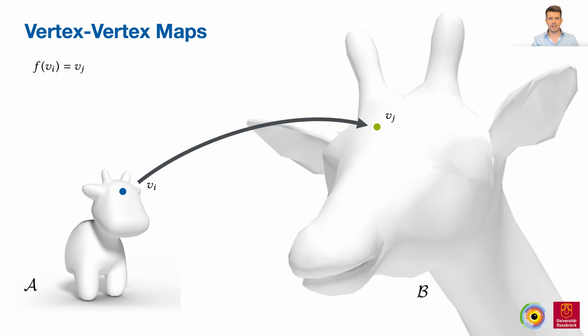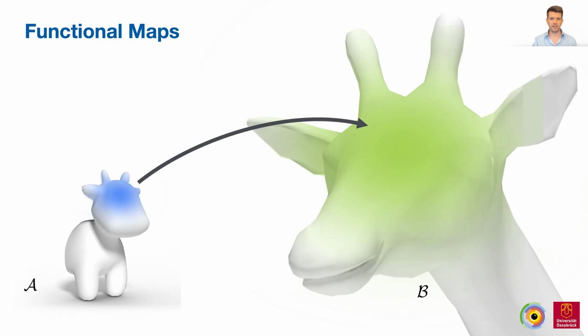In particular, this kind of representation does not use any coordinate values, just combinatorial correspondence information. An even more compact variant of this are so-called functional maps. Here the idea is to not represent individual single vertex to single vertex information, but to represent correspondence in a less sharp manner.